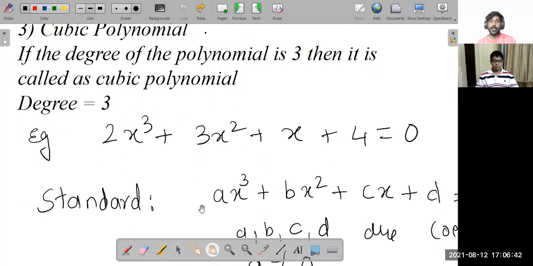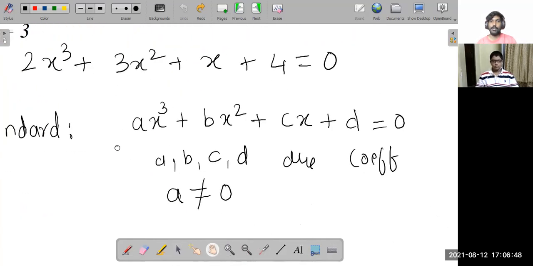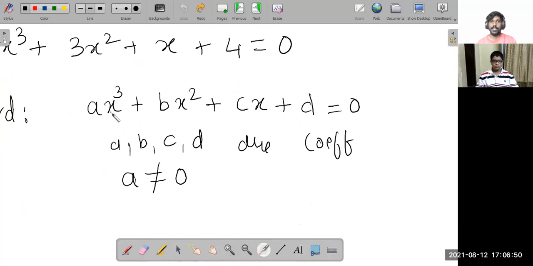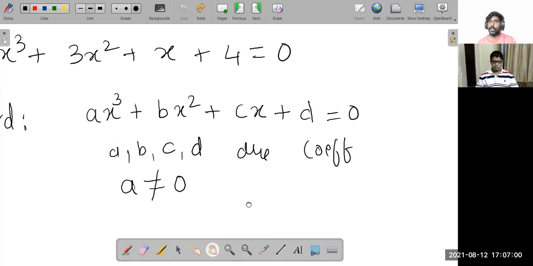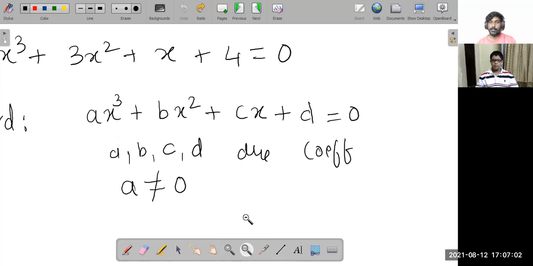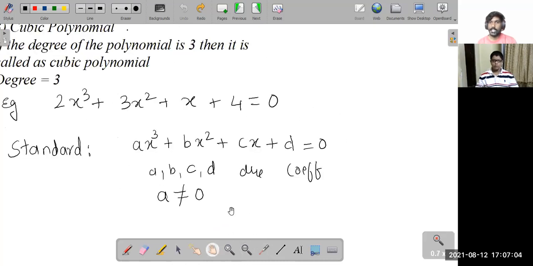If the degree of the polynomial is 3, then it is called a cubic polynomial. The standard form of a cubic polynomial is ax cube plus bx square plus cx plus d equal to 0. So this was the classification of polynomials based on degree.